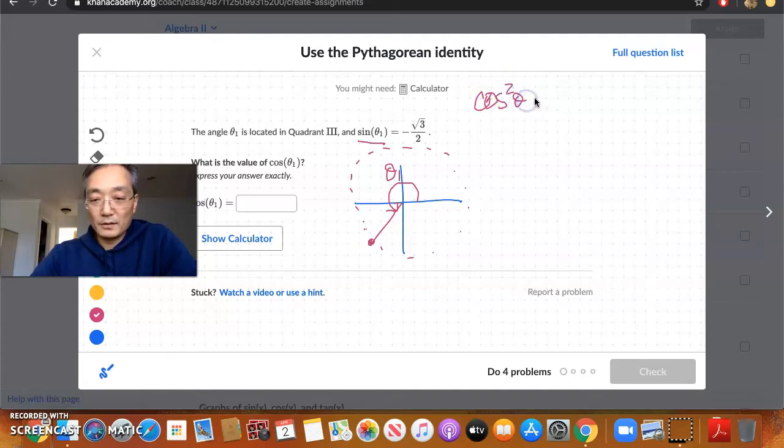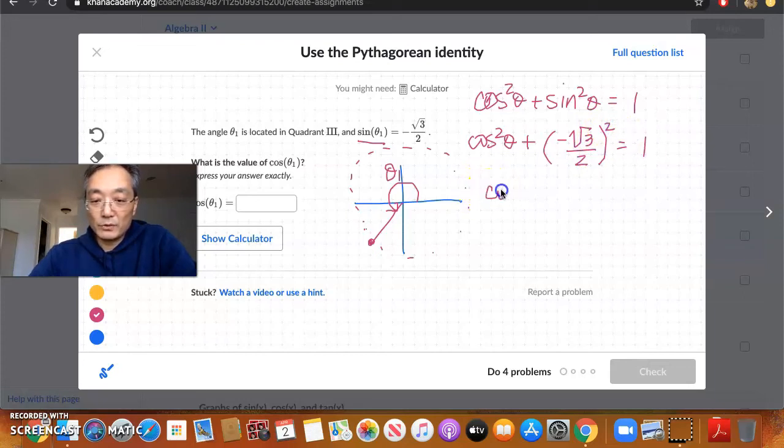squared theta plus sine squared theta is equal to 1. All right, and I'm going to take negative radical 3 over 2 and replace the sine theta with it. So cosine squared theta plus negative radical 3 squared over 2 squared is equal to 1.